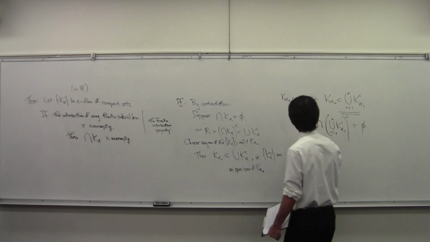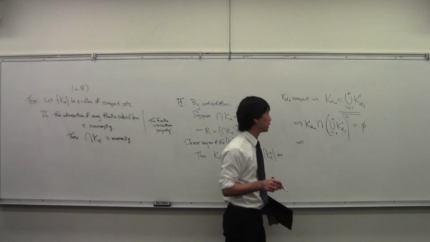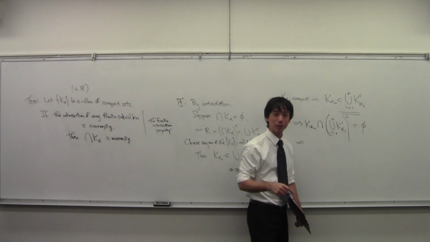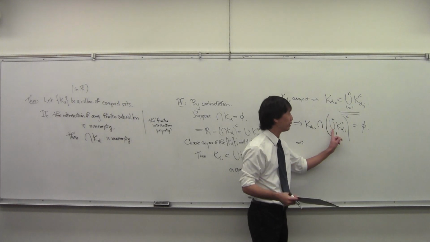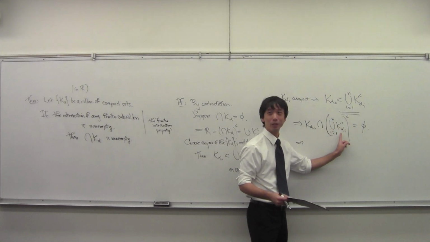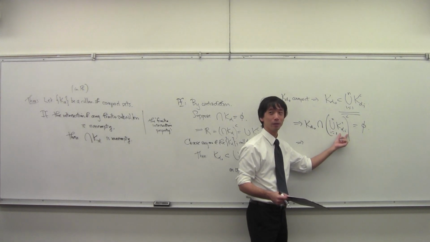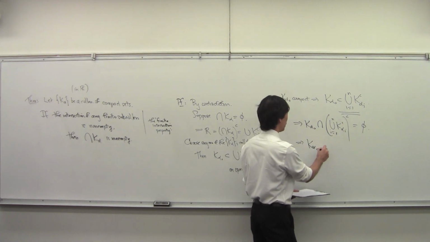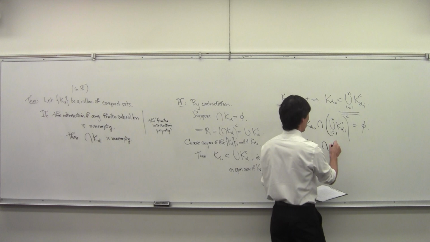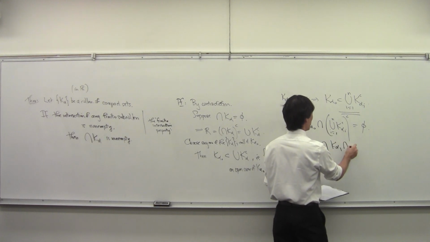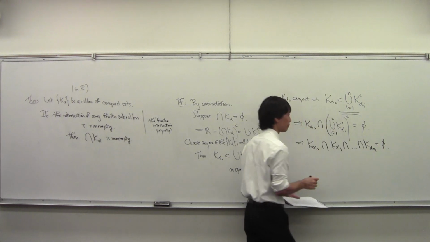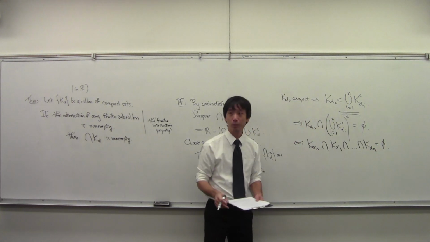Now we use De Morgan's laws again: the complement of a union is the intersection of the complements, so we get the intersection of the double complements, in other words, the intersection of the sets themselves. So K alpha naught intersect K alpha 1 intersect through K alpha n is empty.